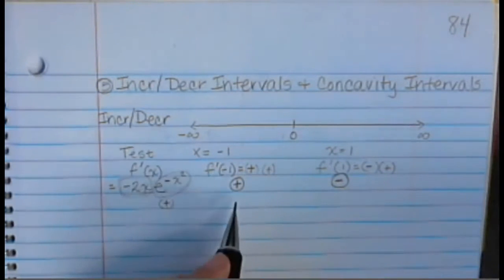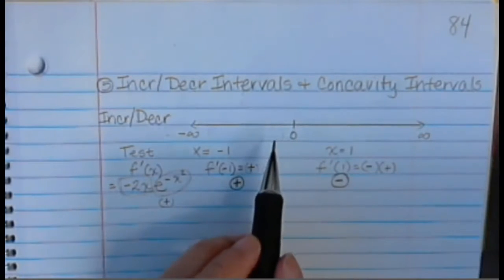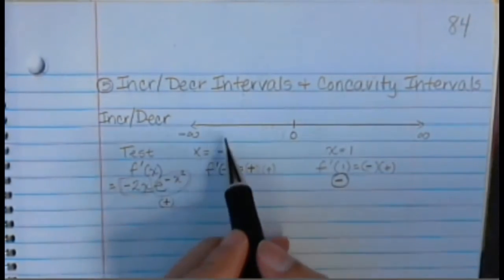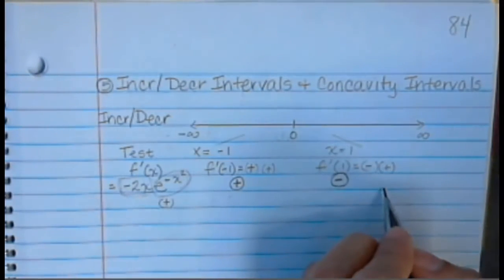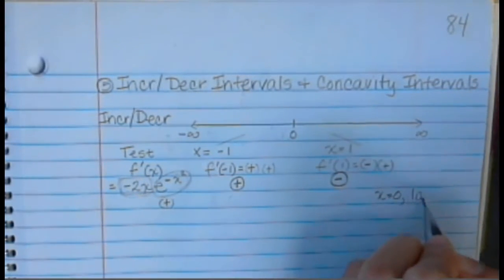Right underneath, we have found increasing interval from negative infinity to 0 and decreasing interval from 0 to positive infinity. So if this one's going up and this one's coming down, we know that when x is equal to 0, we have actually found a local max.